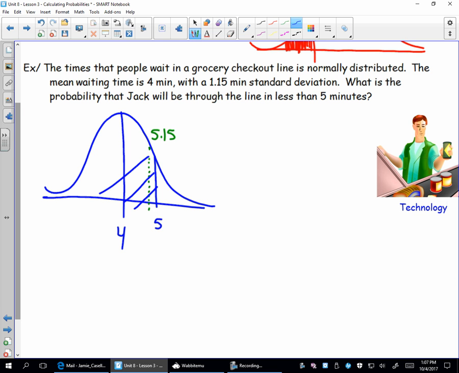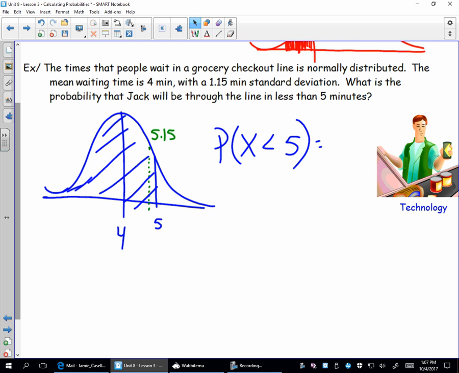I want to figure out how much data is accumulated in here. So my notation, probability that x, my value, will be less than 5. Okay, there's the notation. You can use the calculator to do the work. So this is all you really have to write down, what you're doing, and then the answer. Here's how it's going to work. So we'll go to our technology screen here.